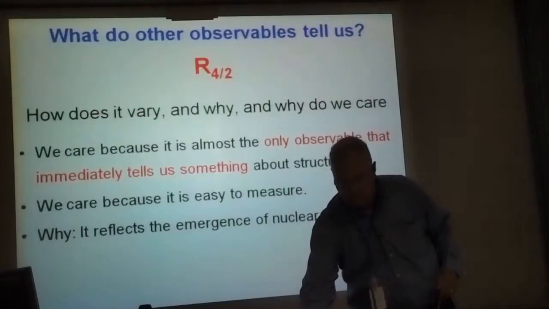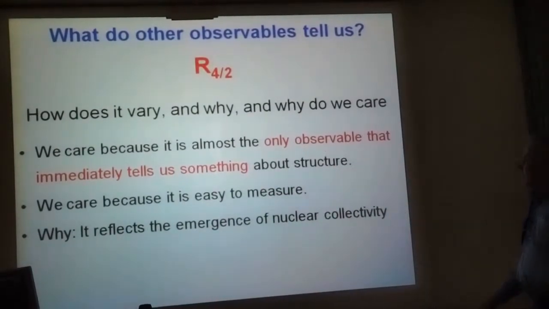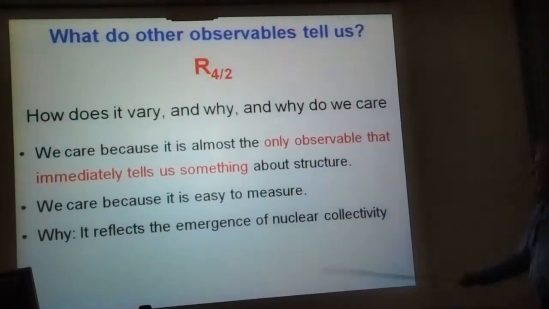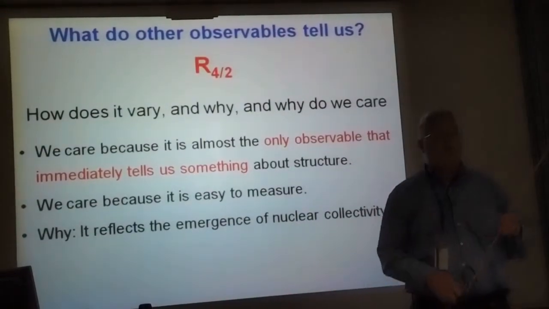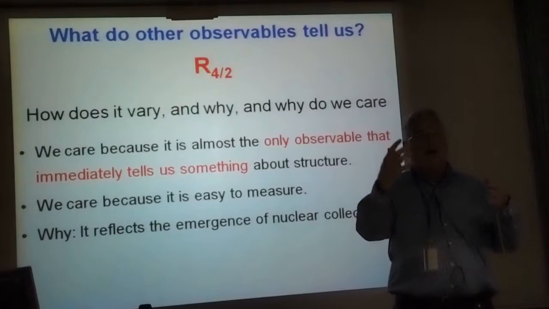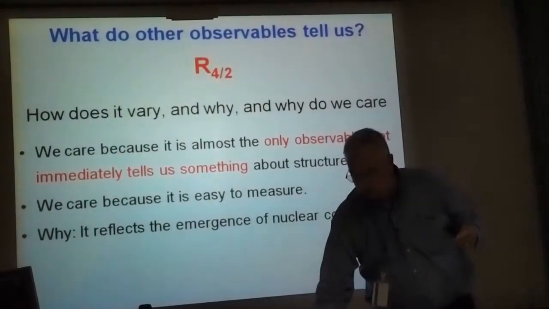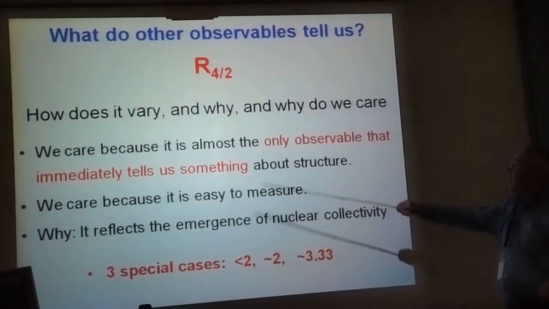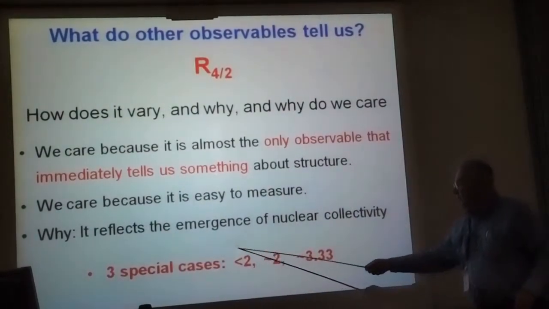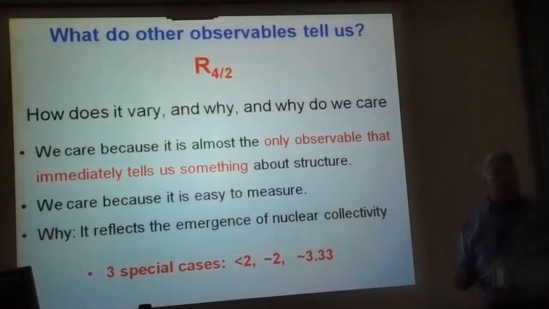On the other hand, with R42, the value tells you something immediately. It's also easy to measure, and it reflects the development of collectivity. Collectivity means that nucleons going around the nucleus are showing correlated motions and interacting with each other in a way that develops correlations. There are 3 special cases for R42: values less than 2, values about 2, and values about 3.33.